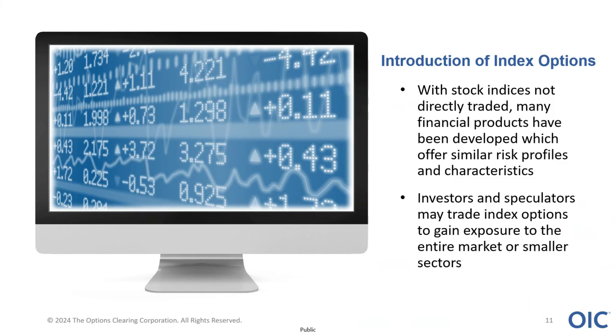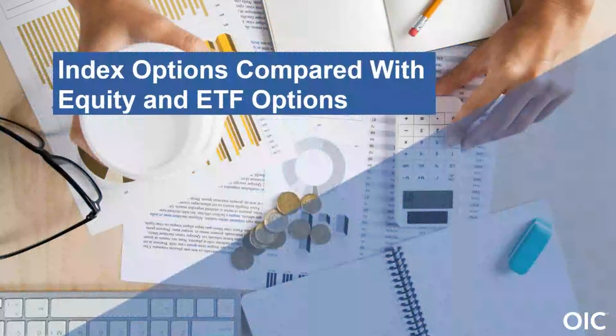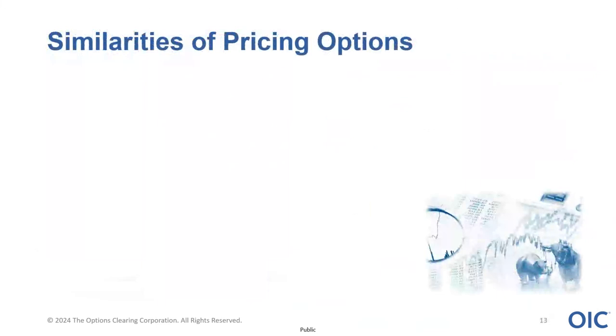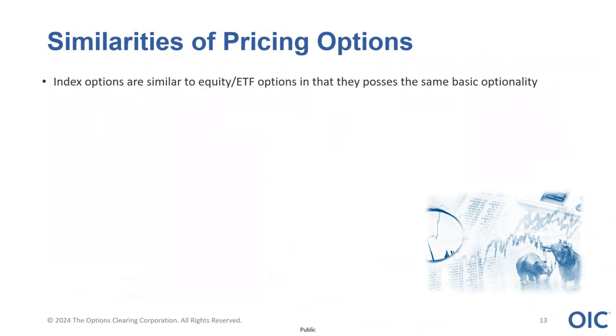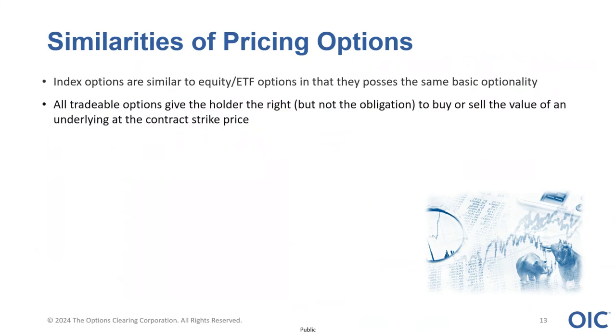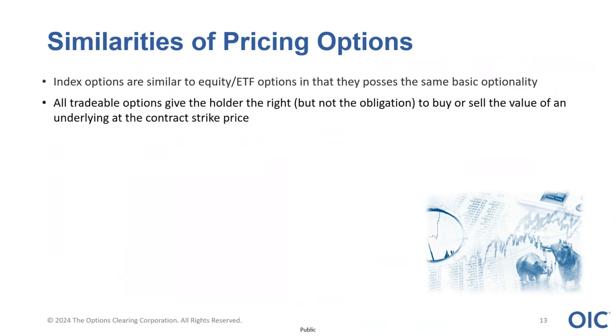Let's talk about ETFs and equity options relative to index options. One of the things I like to think about with options is how these things are similar. Index options are similar to equity and ETF options because they all possess the same basic optionality. When you're buying calls, selling calls, buying puts, or selling puts, you're still holding the same rights and obligations within these ETF and index options as you are if you're trading stock options.